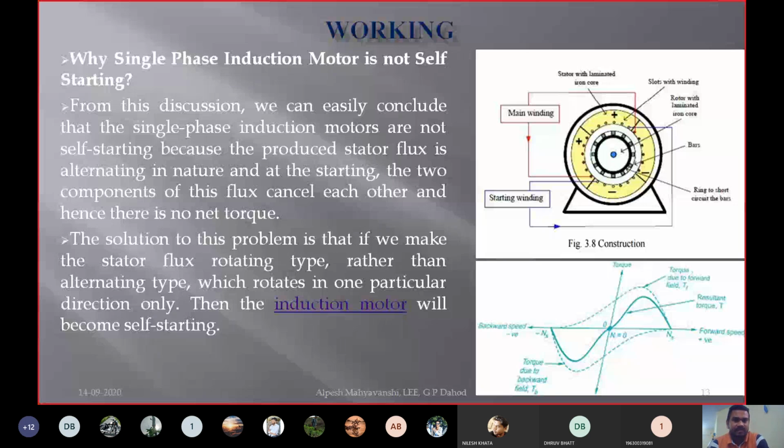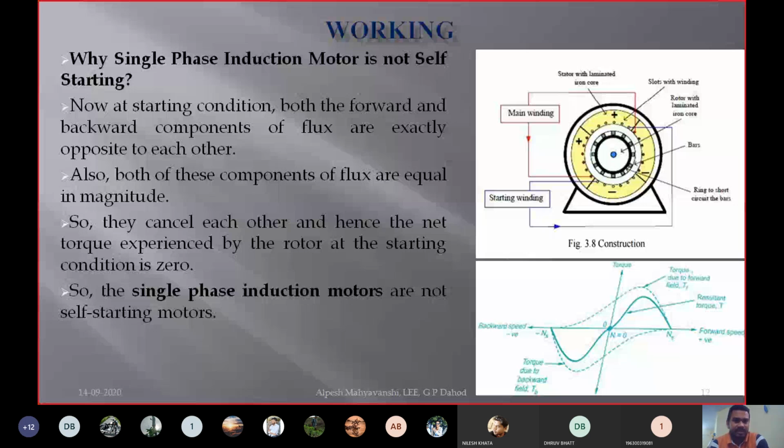The resultant of the forward and backward torque becomes 0 as both nullify each other. So no torque is given to the rotor, and the rotor is not capable of rotating. In the starting condition, when we give AC supply to the motor, the torque is 0, so the rotor is not able to rotate.